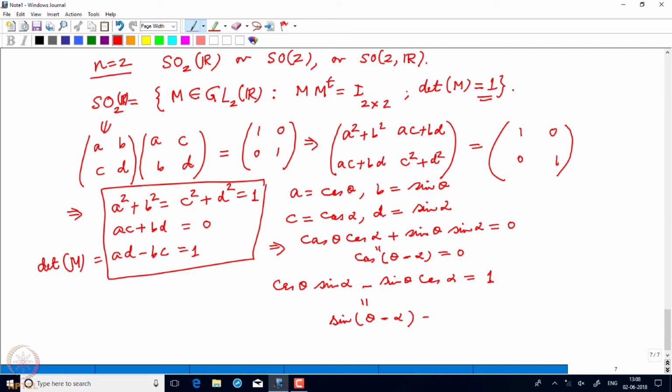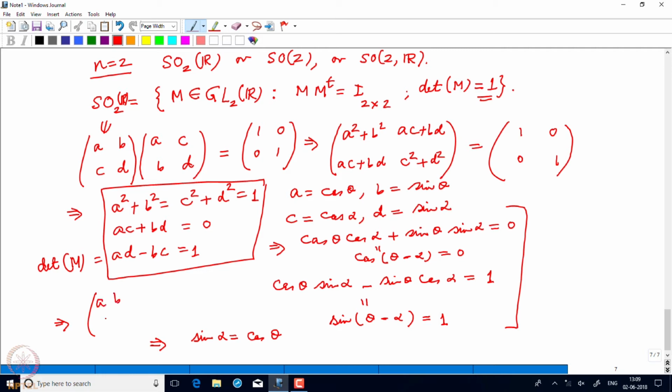So sine of theta minus alpha is 1, and when I make all these calculations and solve all this, what I get is that sin alpha is cos theta, and eventually what I would get is your matrix A, B, C, D.